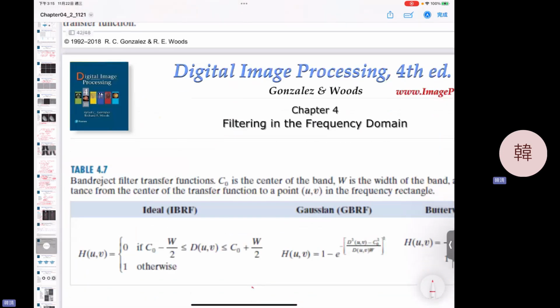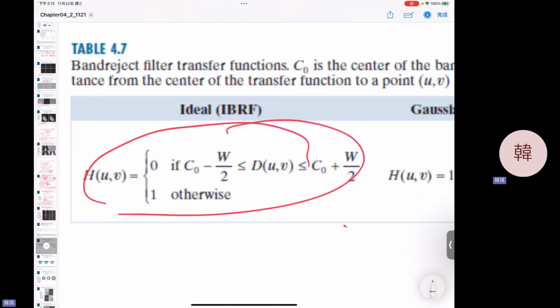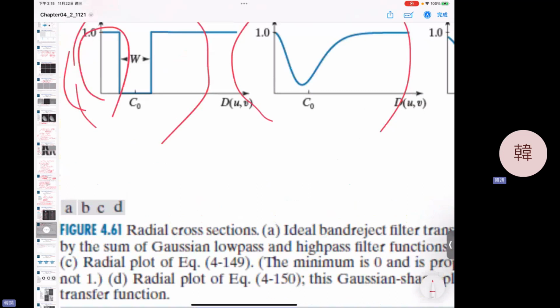Here is the equation for the ideal filter. Use a low pass for part of the band and a high pass for the other part, and sum them. You design a low pass with one cutoff frequency, and a high pass filter with another cutoff frequency, and sum the results together.